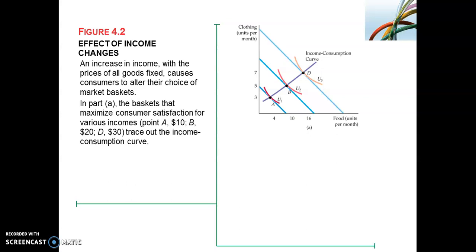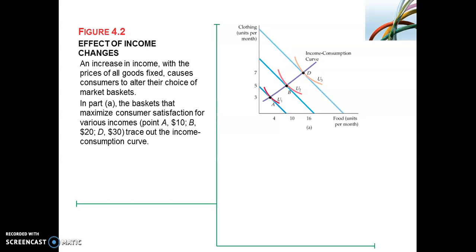Now from chapter 3, in section 3.2 on budget constraints, you will recall that if income increased while prices of the goods remained constant, then the budget constraint is going to shift outward in a parallel manner. Now, in our example, the consumer is initially on indifference curve U1, at point A. Now, A is the utility maximizing combination of food and clothing when income is $10.